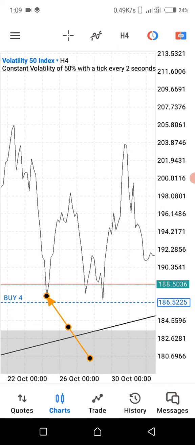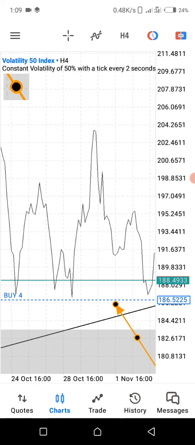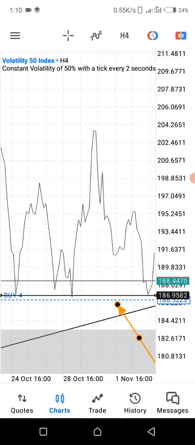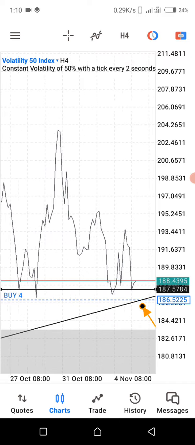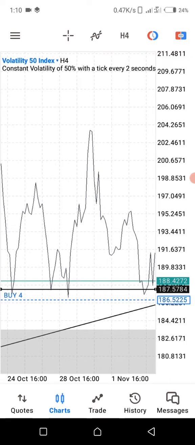So this is how I find my support and resistance zones. Now I can put across a black line there, I mean this line. Now this line is the support line. So that was what I did. I think I moved it up a bit that time. Yeah, this is how it was.